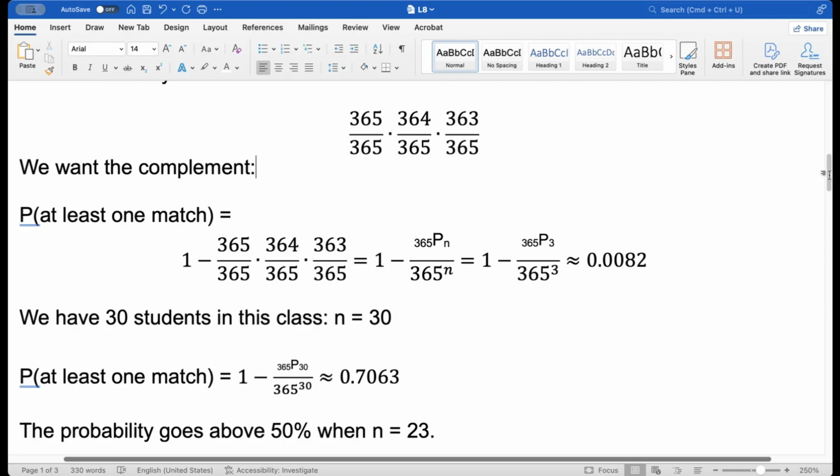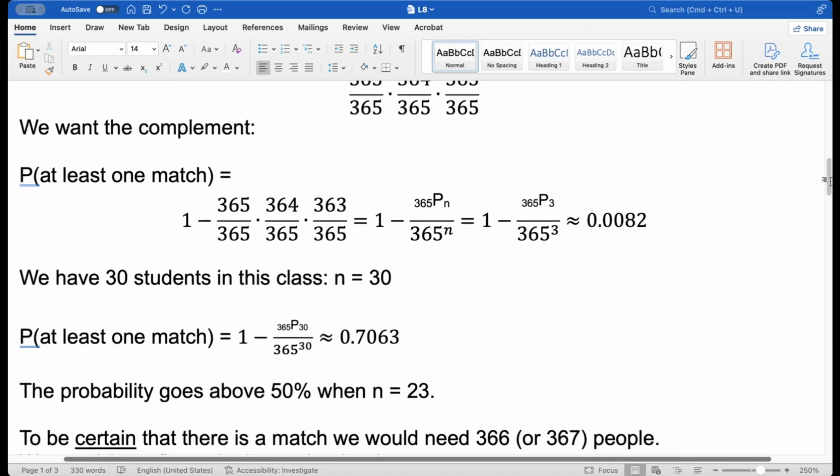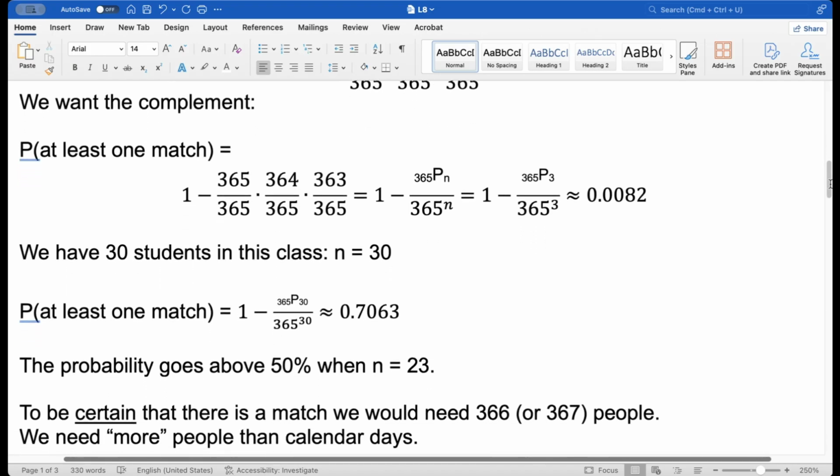And the probability reaches above 50% at n equals 23 people. Now, in order to guarantee a match, we would need to have more people than possible days, which would be 366, or 367 if you count the leap day. That would guarantee it. But we don't have to go that high to get a very, very high probability.